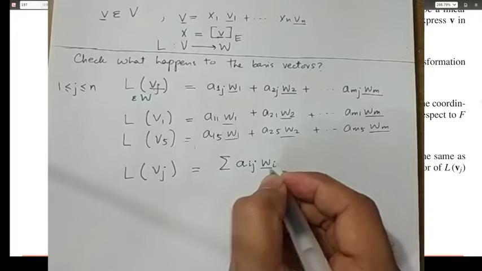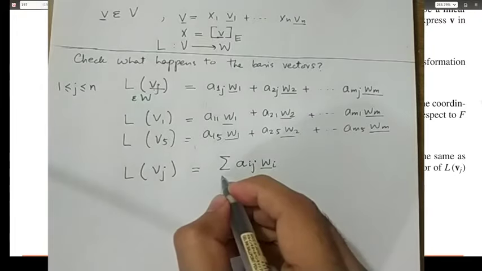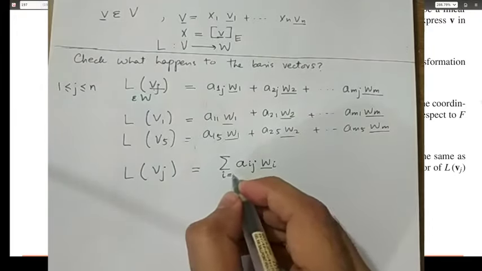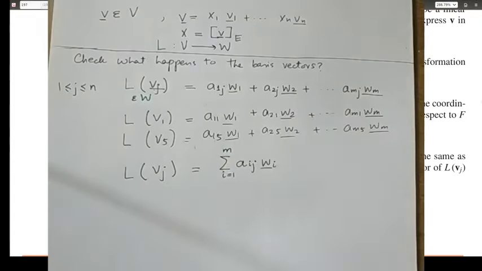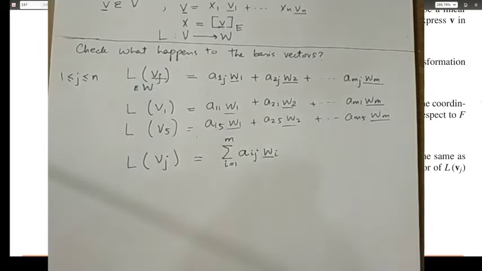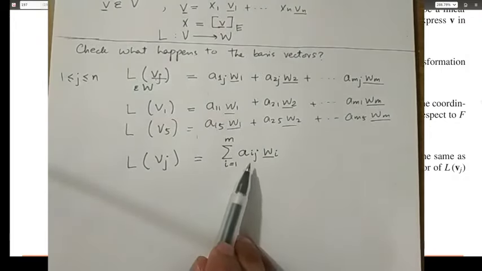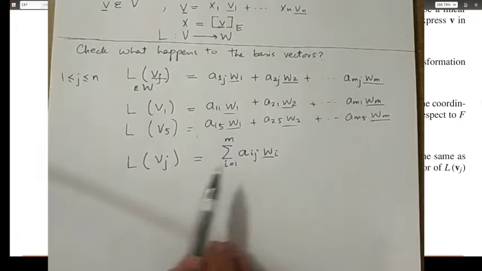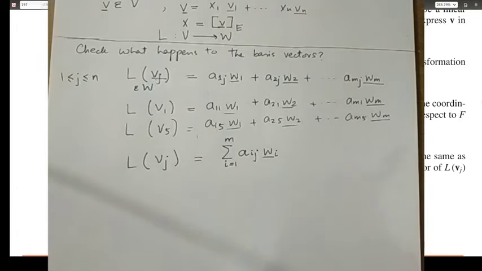Notice that j is fixed, and the summation is going from i equals 1 to m. Okay, so I've just shortened this down. So this is what's happening to the basis vectors. This is what's happening to them.